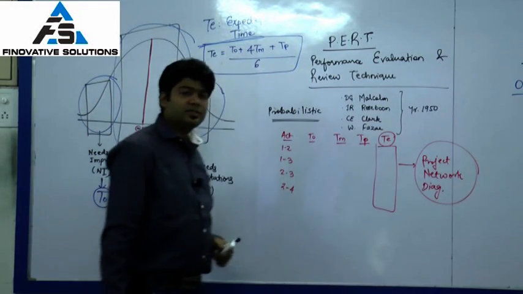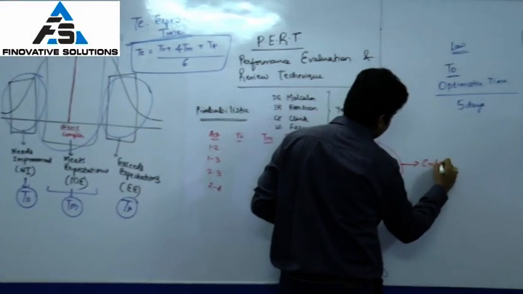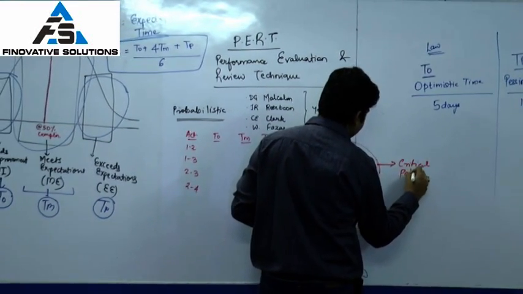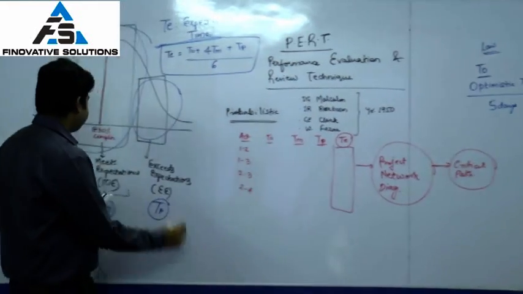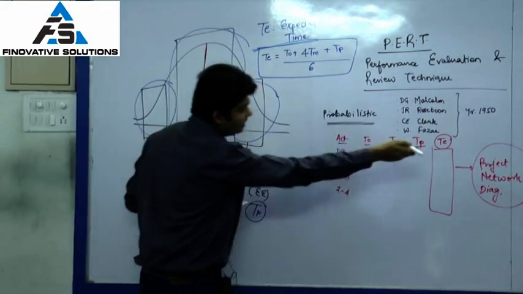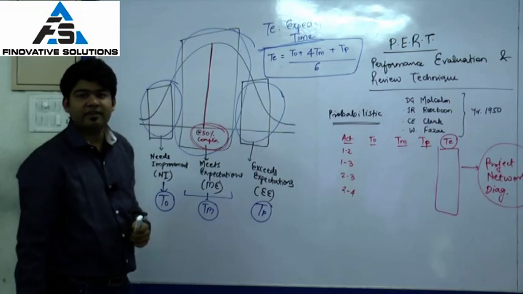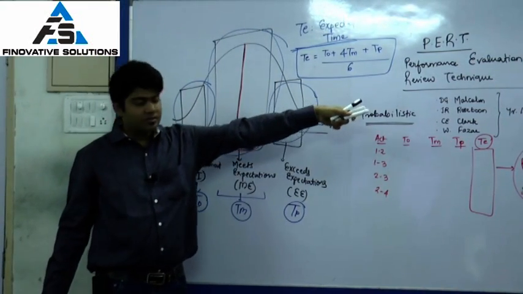And when I complete this project network diagram, I will get a critical path based on the various paths that are there. The critical path that I get will have a 50% probability that it will be completed in the given duration that we have calculated. So project duration will give me the critical path.